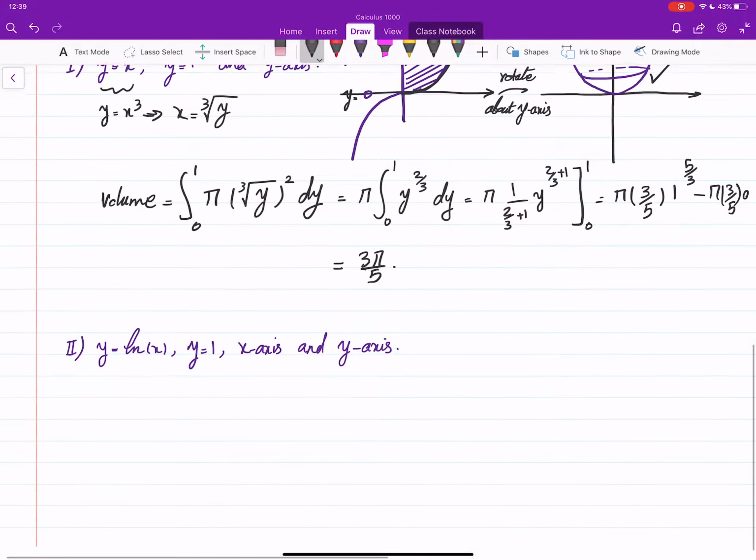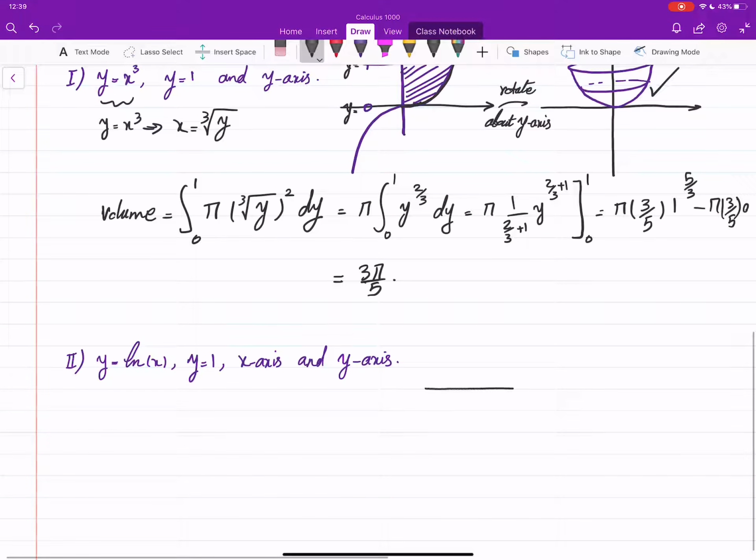The other example, first sketch the region that we are going to rotate about the y-axis. This region is enclosed by 1, 2, 3, 4 curves. The first one is ln x.